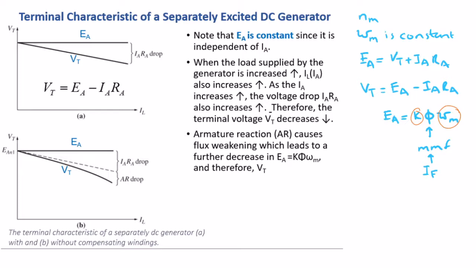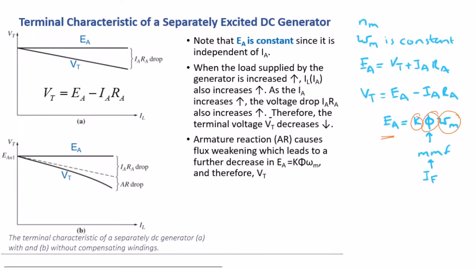So it means that the flux is also constant, and therefore EA is constant, and this is what the first statement in the first bullet point means.